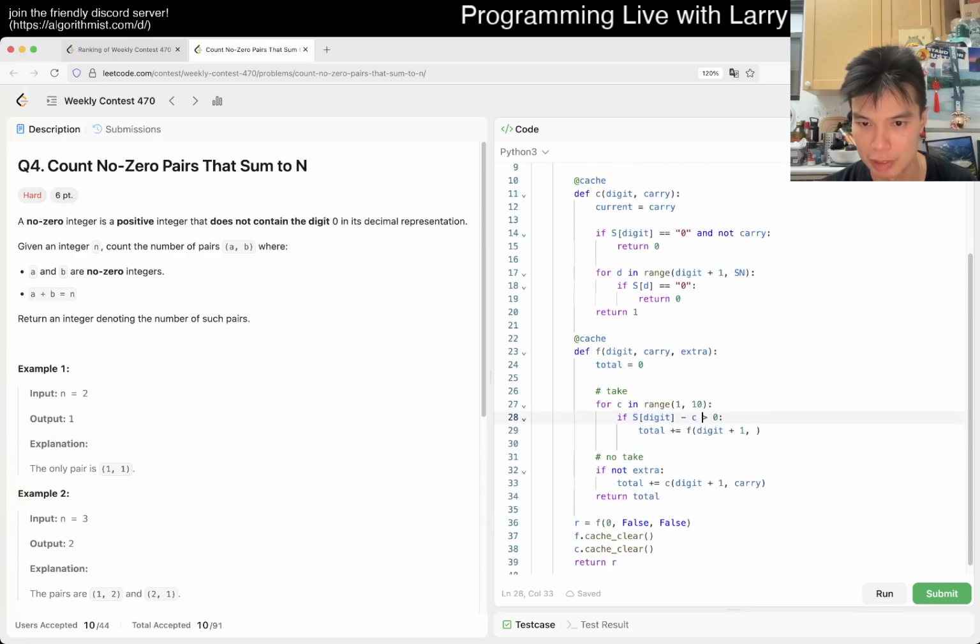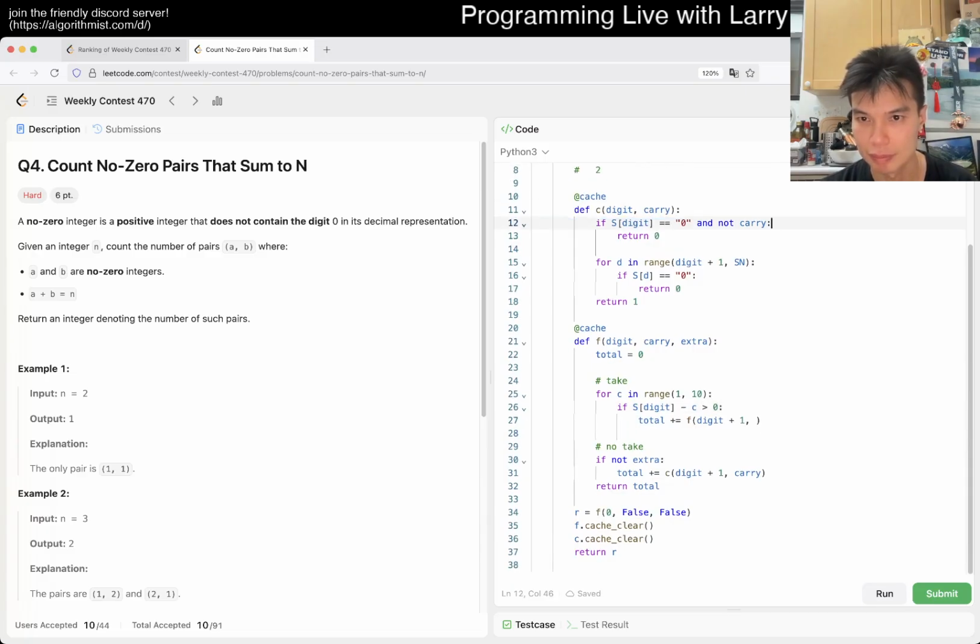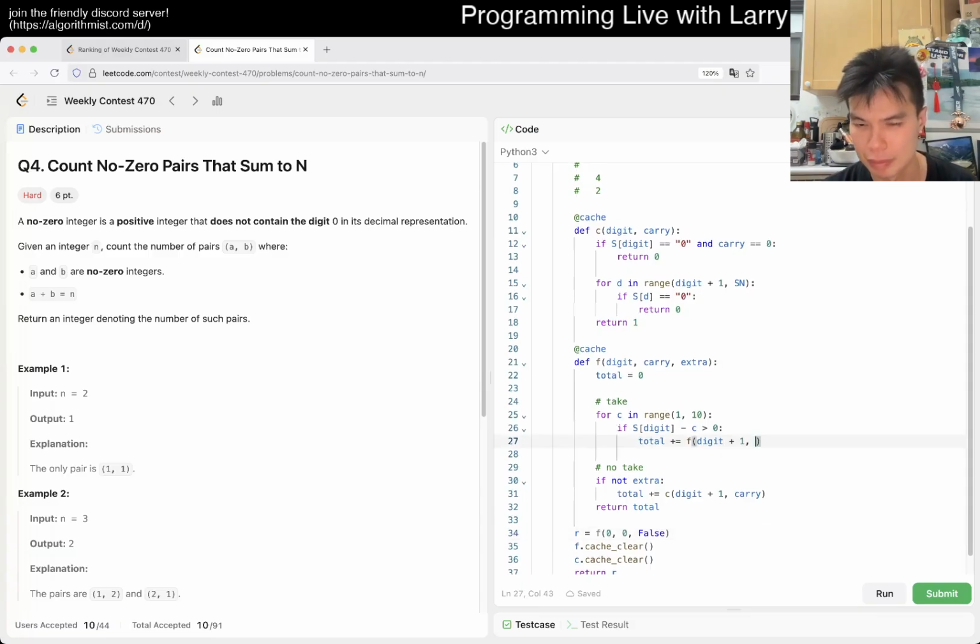Why does carry? So then now is this +1. So then now there's a carry, right? Yeah.